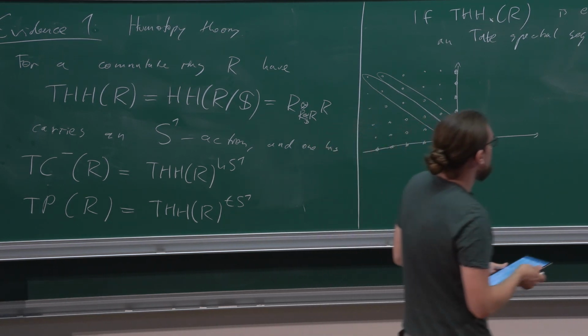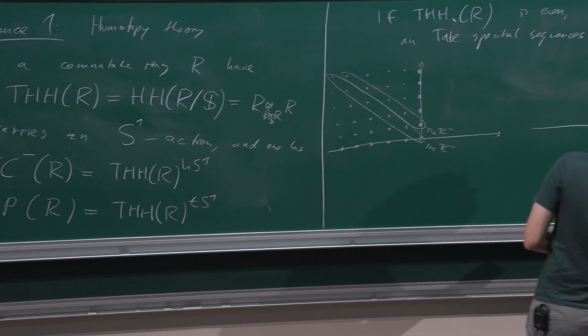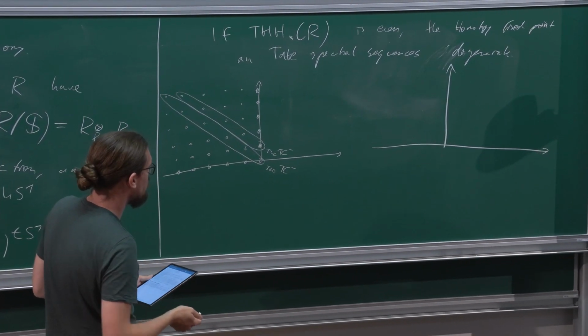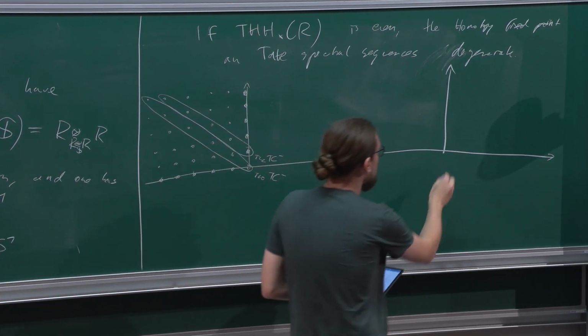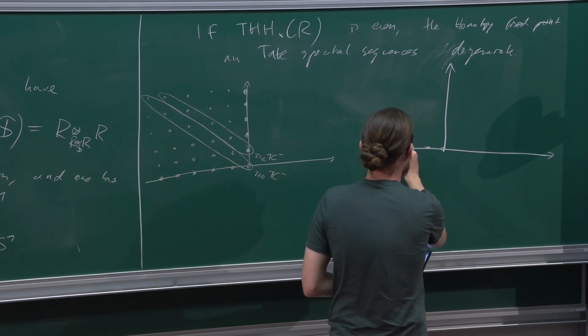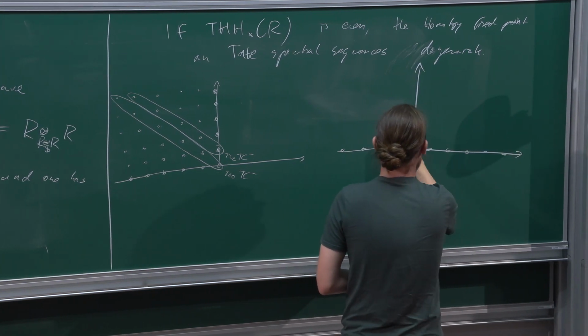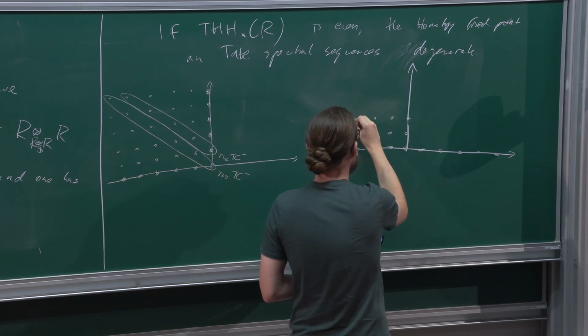So what happens with the Tate construction instead? Well, Tate cohomology is somehow like a periodic version of cohomology in many cases, and that also applies to the circle group. So in that case, you get the same picture, but lives on the entire upper half plane.